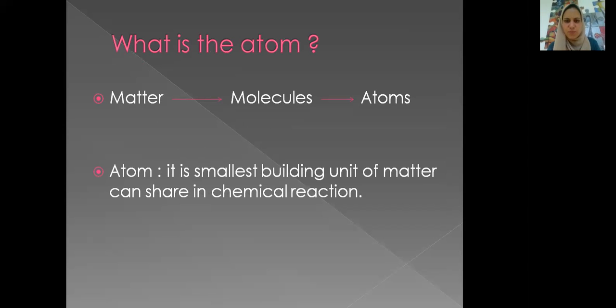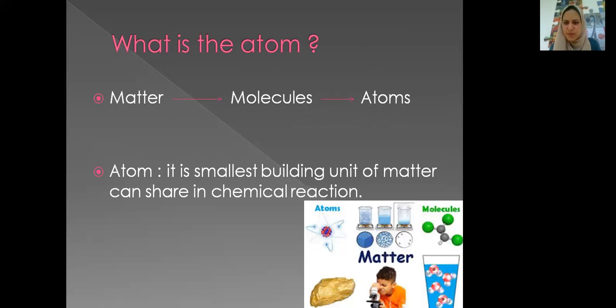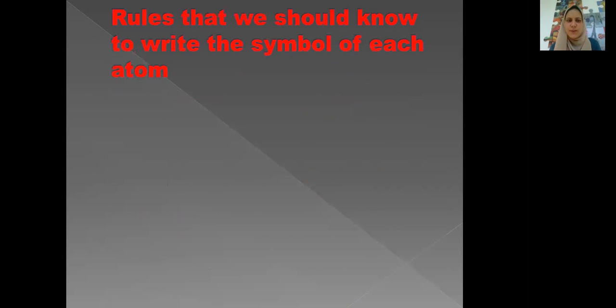Here the atom is the smallest building unit of matter that can enter in the chemical reaction as the smallest unit. So the atom forms what? Molecules, and molecules form what? Matter. Great, super. Anyone have a question here? If you have any question, you can raise your hand. It's okay. Let's start the other parts.